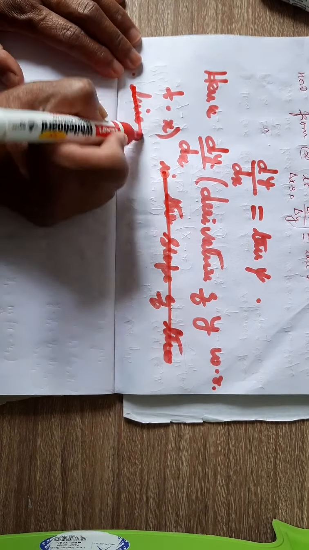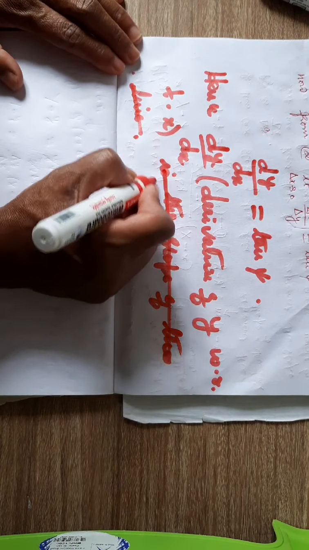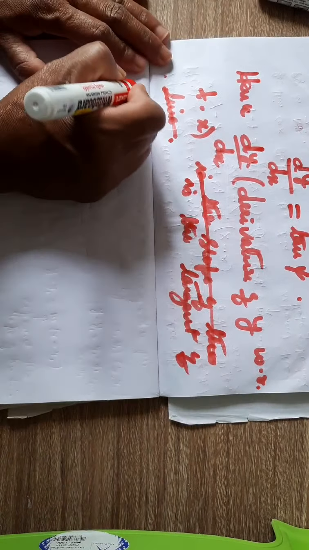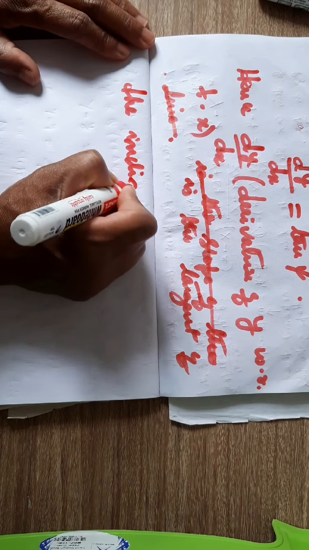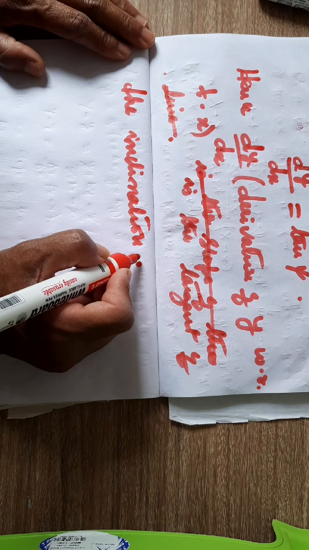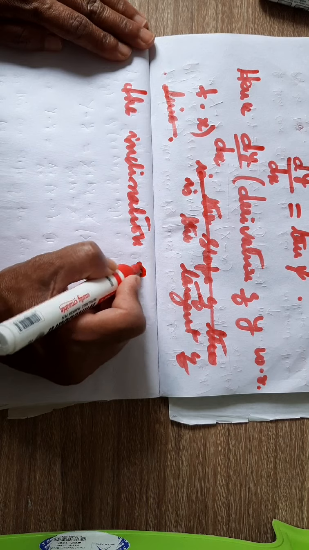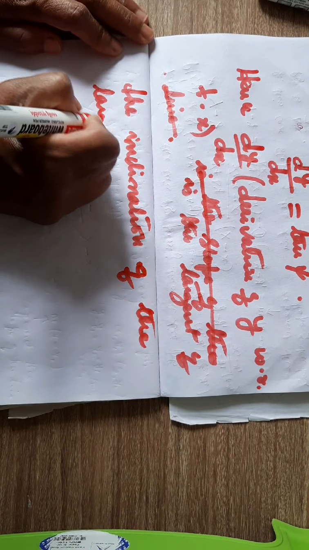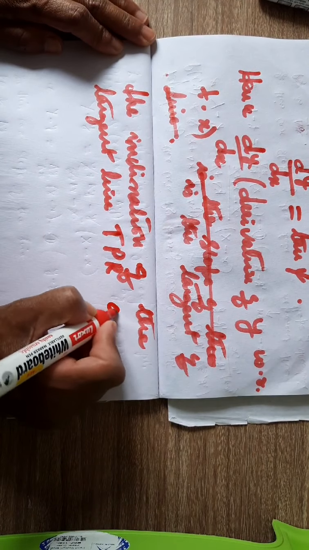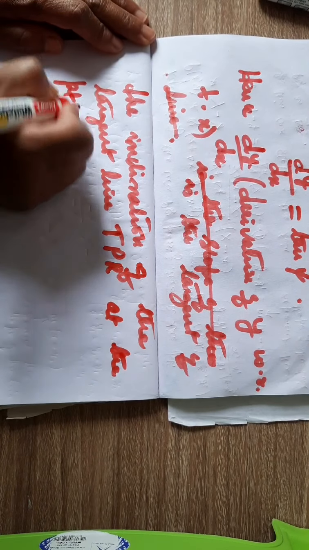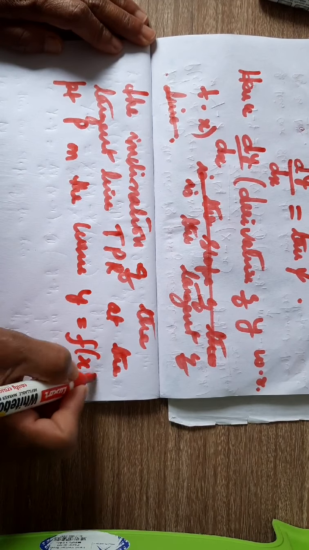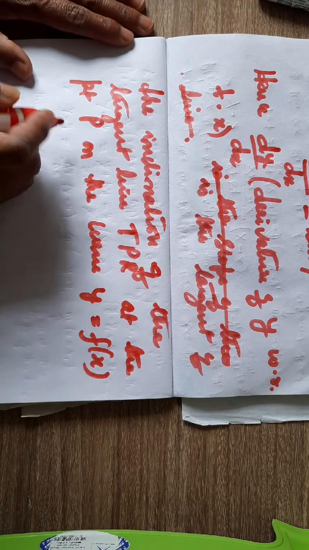Hence dy/dx, the derivative of y with respect to x, is the tangent of the inclination of the tangent line TPR at the point P on the curve y is equal to f of x, or sometimes it is known as the slope or gradient.